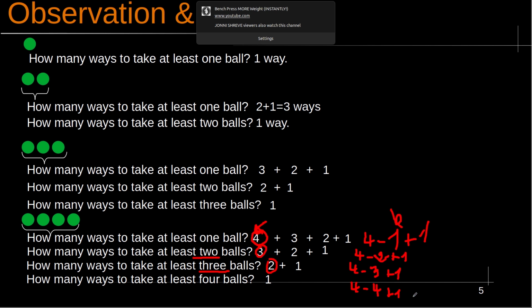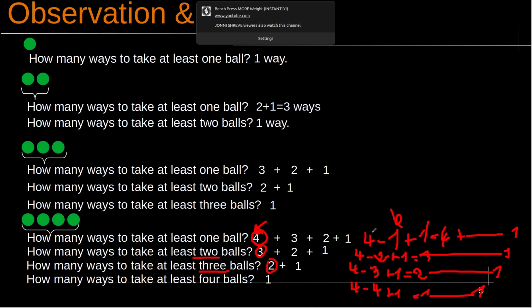So here this is 1, this is equal to 2, this is equal to 3, this is equal to 4. And after we have found this number, we can do the sum from 1 to 4. Here the sum from 1 to 3, here the sum from 1 to 2, here the sum from 1 to 1.